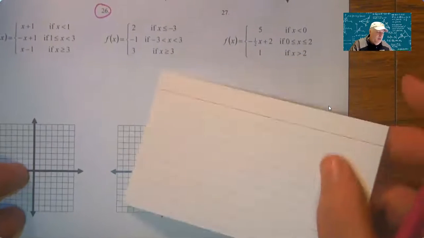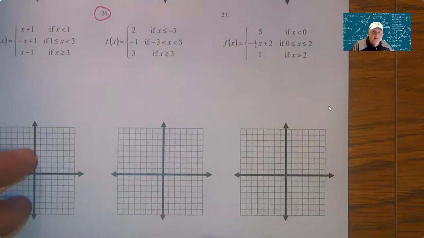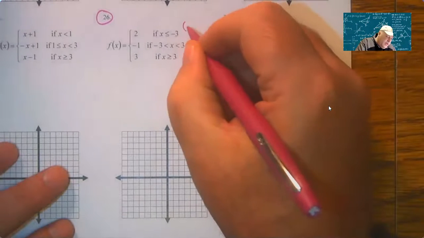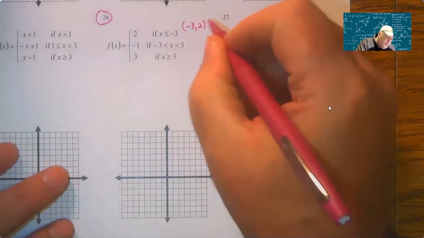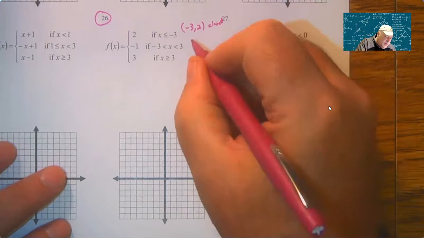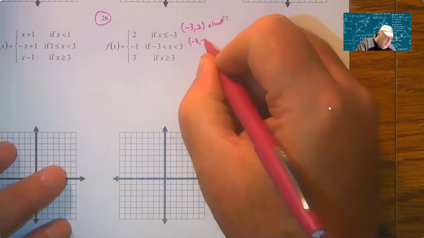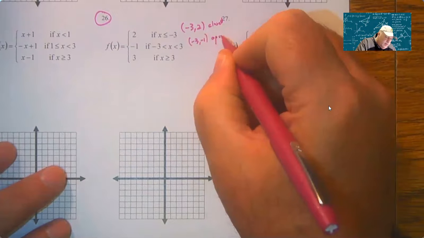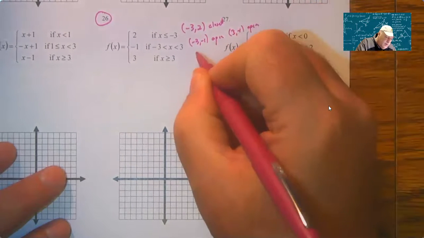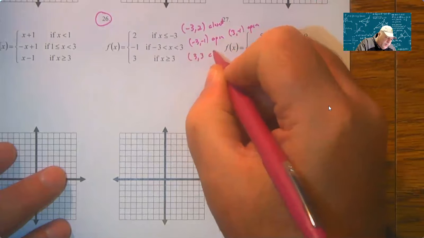Okay, so here you have 3 different values. So this is going to be (-3, 2) closed. And these will be horizontal lines. (-3, -1) open. And then (3, -1) open. And then (3, 3) closed.